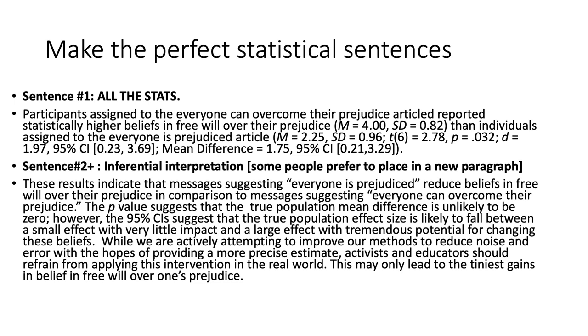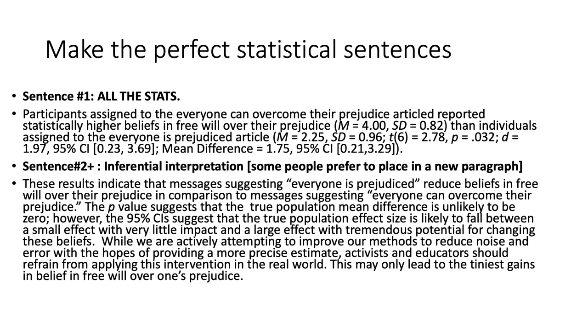Those Cohen's d's very much can be greater than 1. And then the mean difference equals 1.75, 95% CI equals 0.21, 3.29. And that's all the statistics we need. And that's exactly how you write it up.